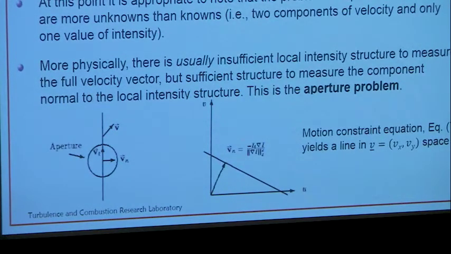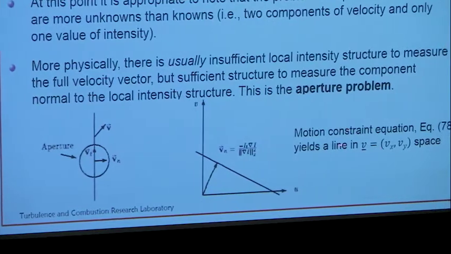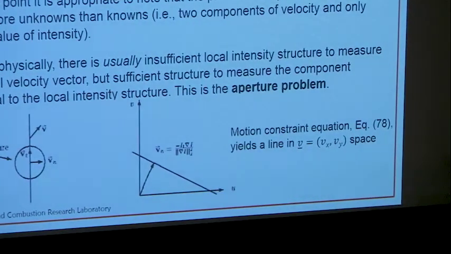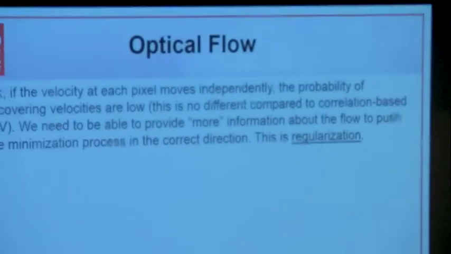Really, the reason this comes about, if we go back to the motion constraint equation, which was the advection equation, is that it basically yields a line in Vx, Vy space. So you can have all these possible solutions along it.